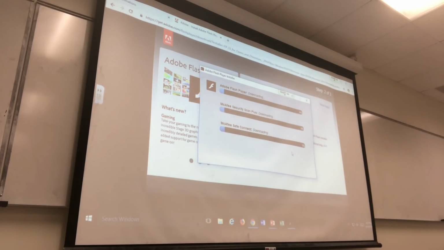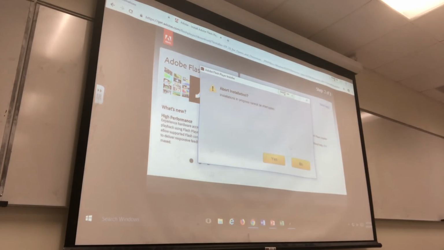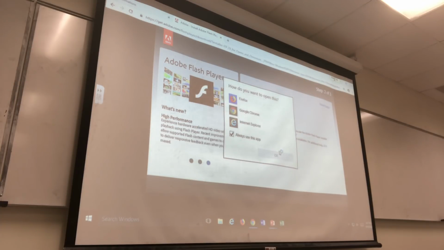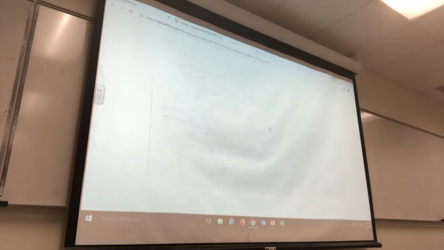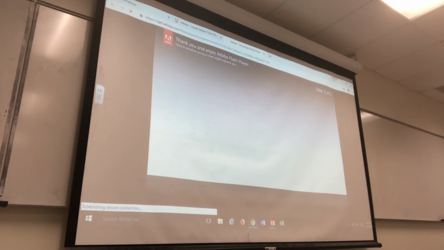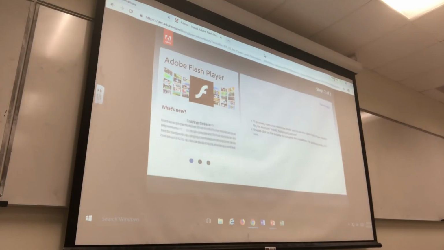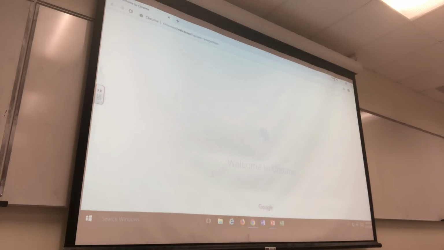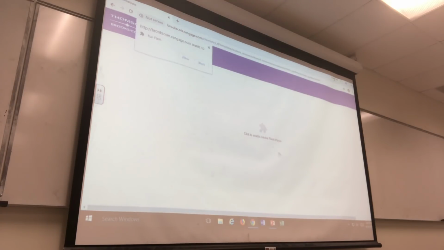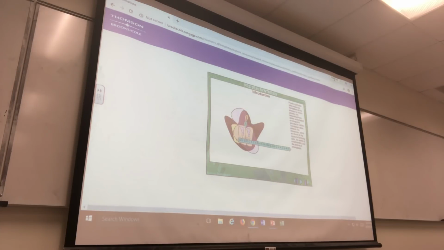Oh shit, it's downloading other stuff. I hate that. Every time Adobe tricks you into downloading a bunch of extra crap. Okay, is it done? Alright, I'm going to close that then. I don't care about other products. Okay. Click to enable, yes. Thank you. Alright, that wasn't too bad.